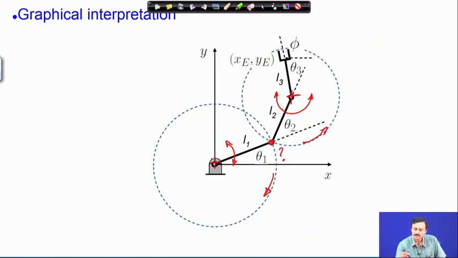So, one solution is given in this black configuration. Let me draw the other configuration, other possible solution in blue.